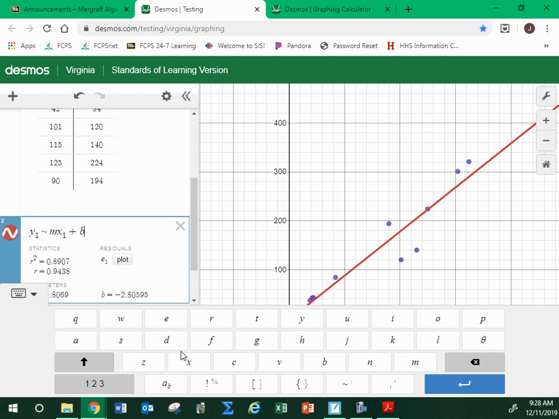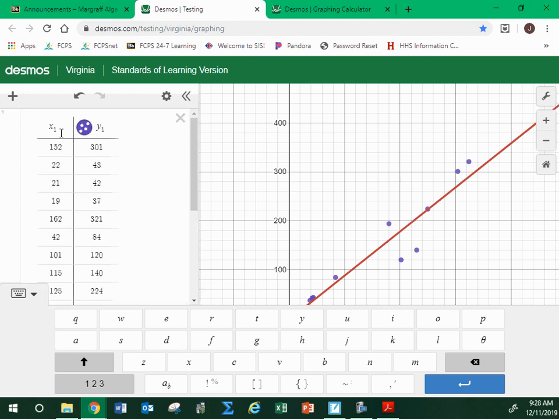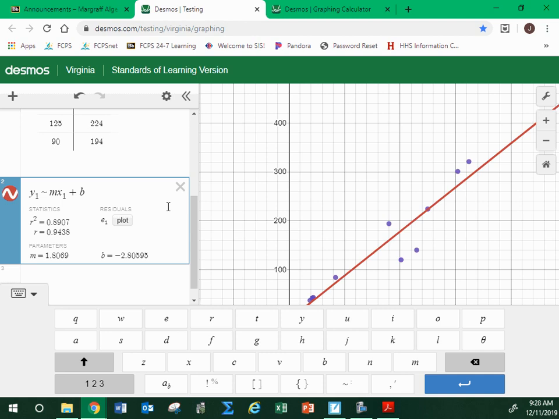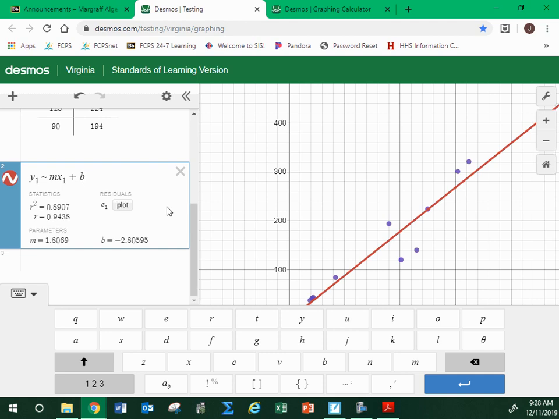What do you want x to be? Here, we're saying, Desmos, I want you to calculate all of it. Do all the fancy math so that you can tell me what the equation is going to be. Because Desmos labels the table as x1 and y1, we're telling Desmos we want to use those values there.